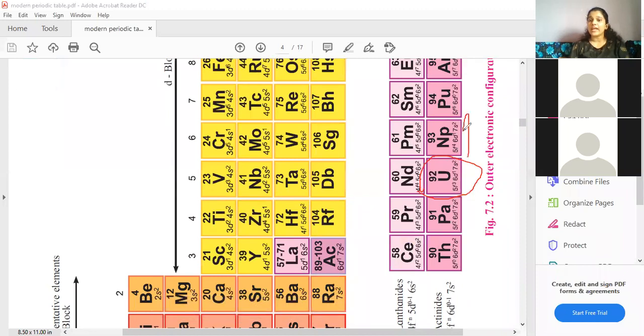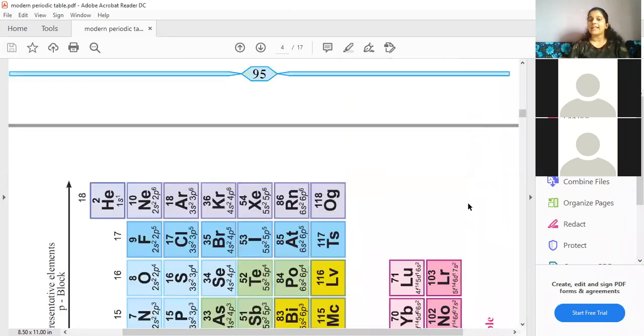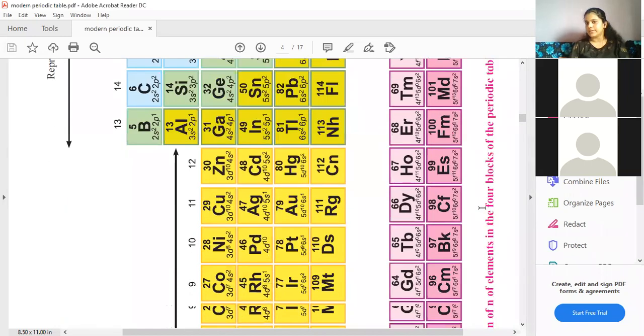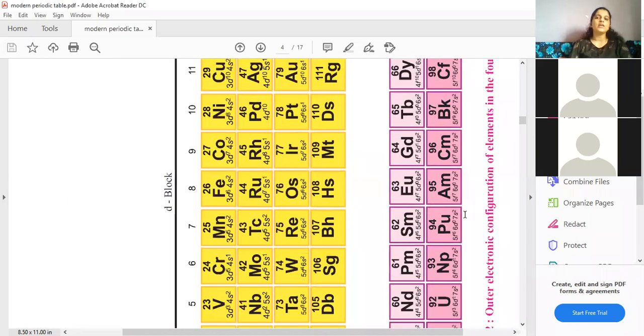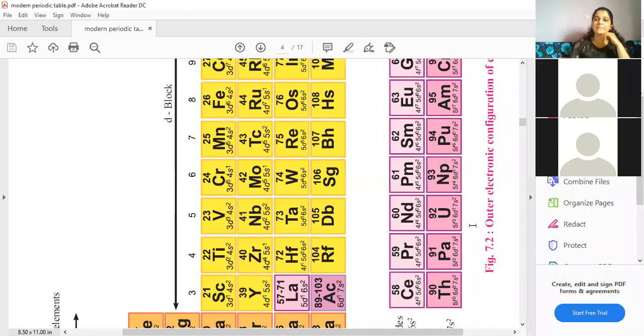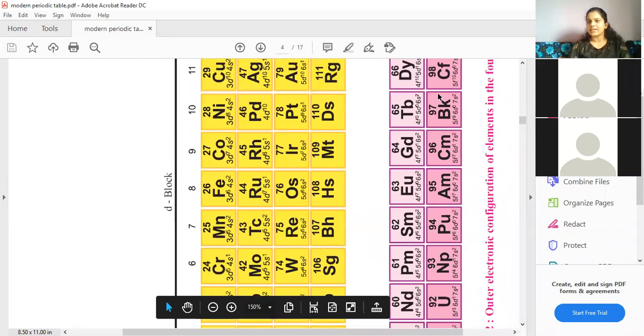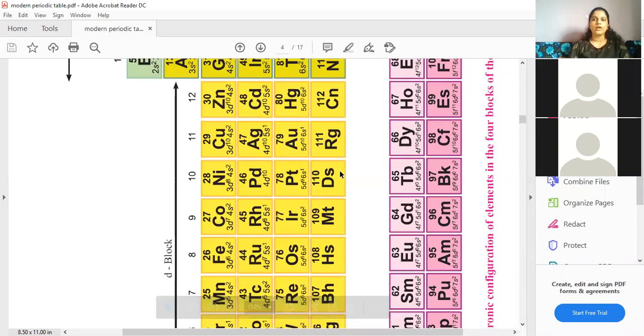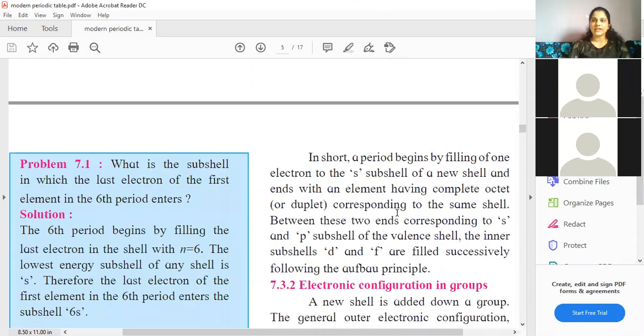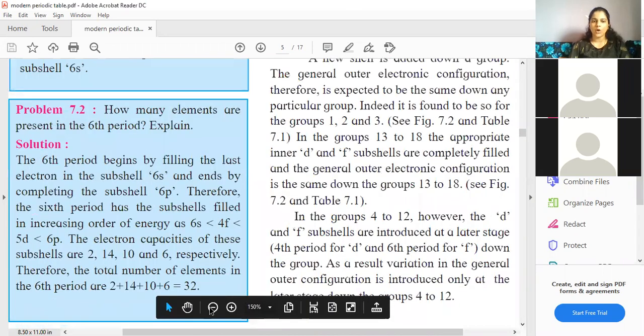So all the elements beyond uranium, this Np, Pu and everything, are called transuranium elements, and they are all radioactive and man-made in nature. If I ask you an objective question, name 2 radioactive elements, you can write any elements from here. So students, we are done with the characteristics of blocks topic.